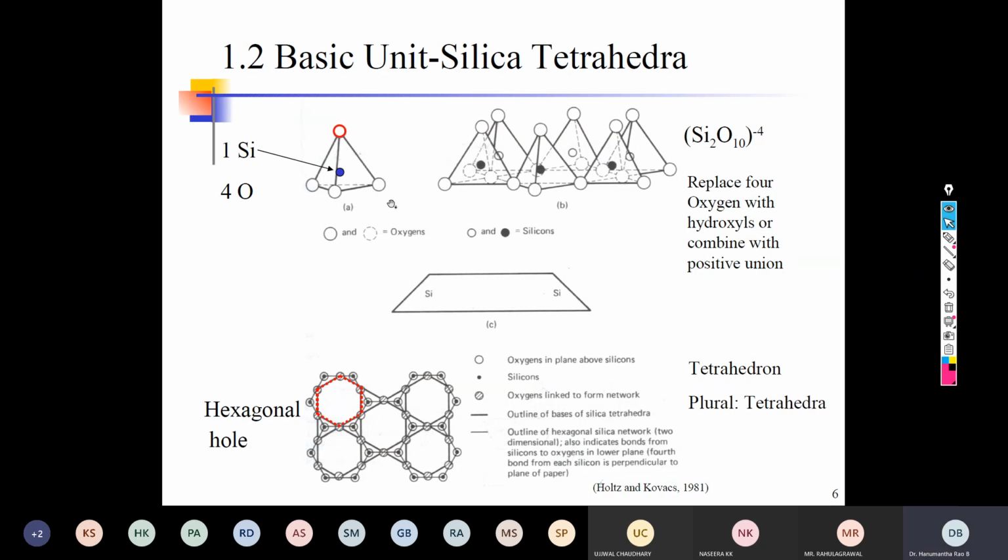Have you understood my question or not? This is silica tetrahedron. This is oxygen. So this silica is holding the 4 oxygen. But if you look at the edge one, is this neutral, or can this be shared by any other atom or any other ion?